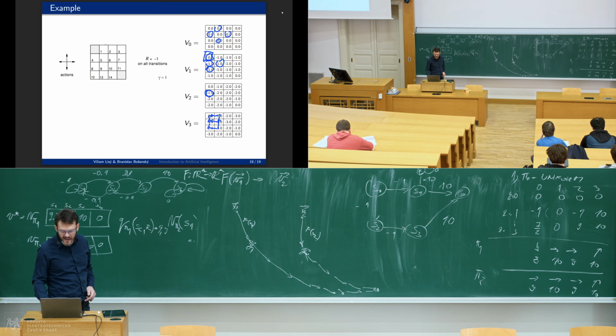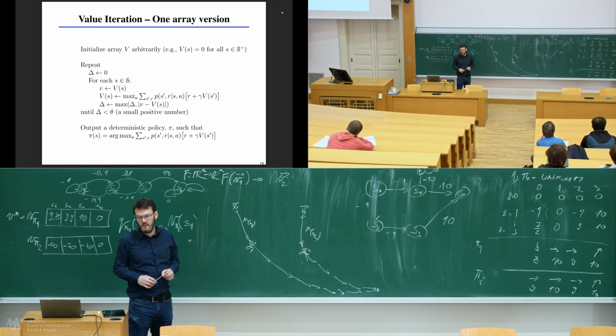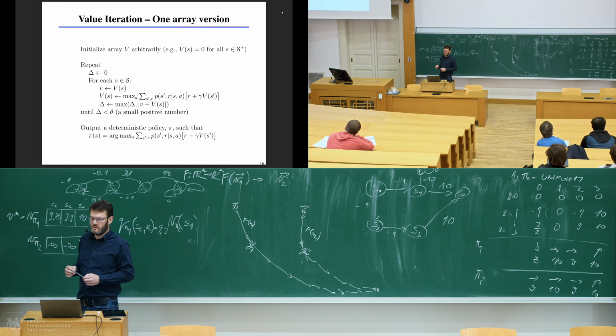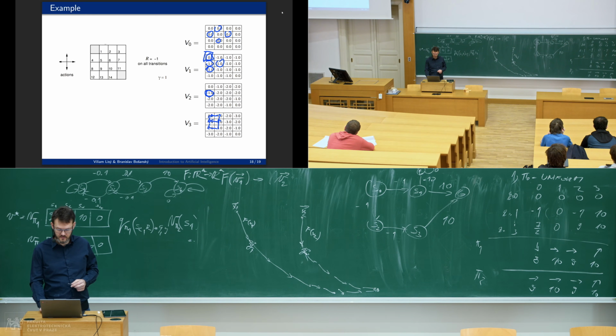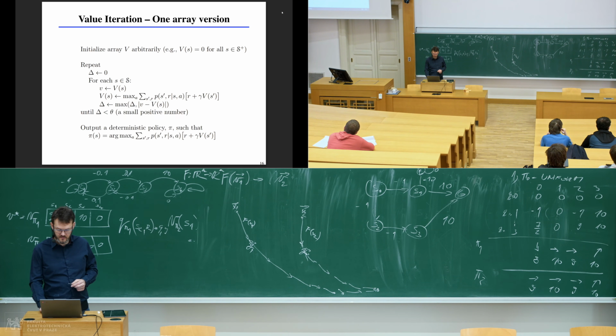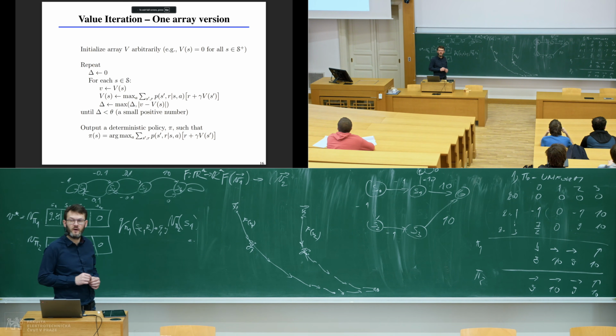This is not entirely what I was showing. There is one key difference in this algorithm. What is it? This is what we are doing, and this algorithm is slightly different. It's the one array version. Why does it say one array version?